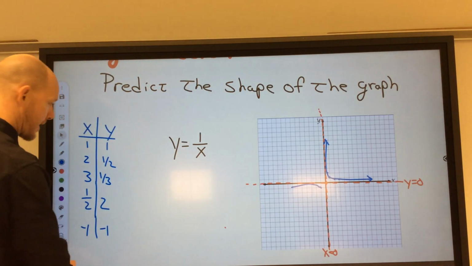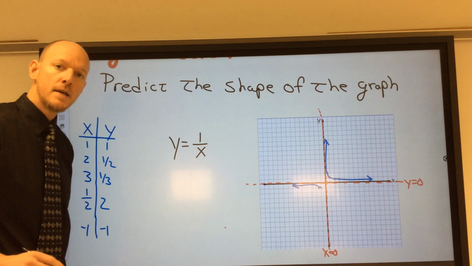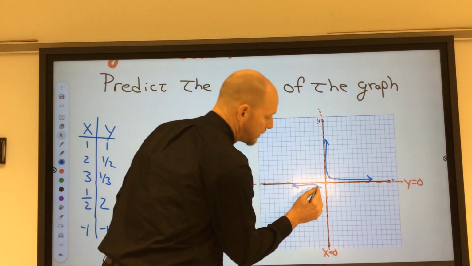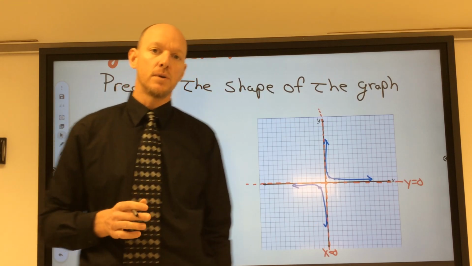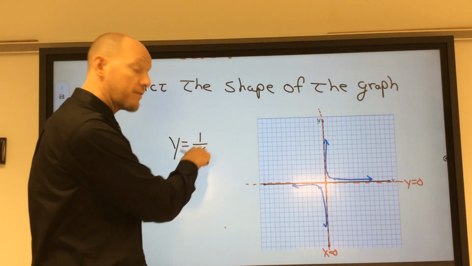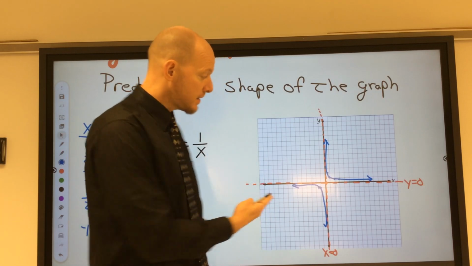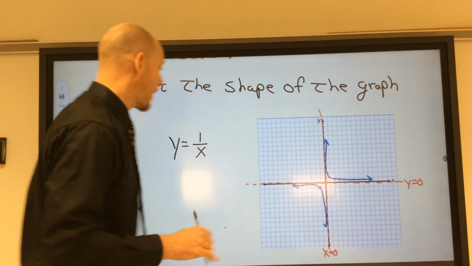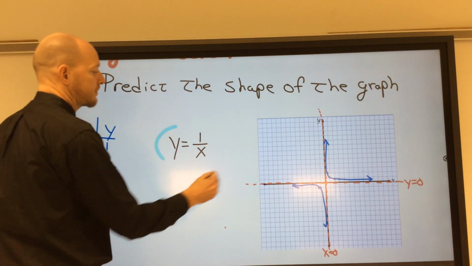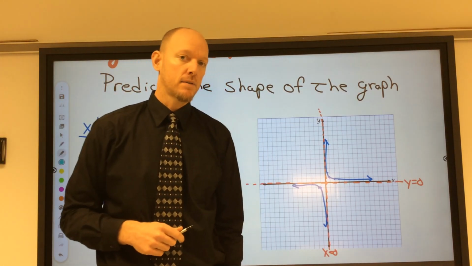Oops, it's kind of a bad shape there. And then as I get closer to 0, it's actually going to get bigger, but it's going to be in the negative value. Because again, I'm taking 1 divided by a negative, which is going to result in a negative. And this here then is basically our hyperbola shape, which will be the parent function for us when we have graphs of the form of a constant divided by x.